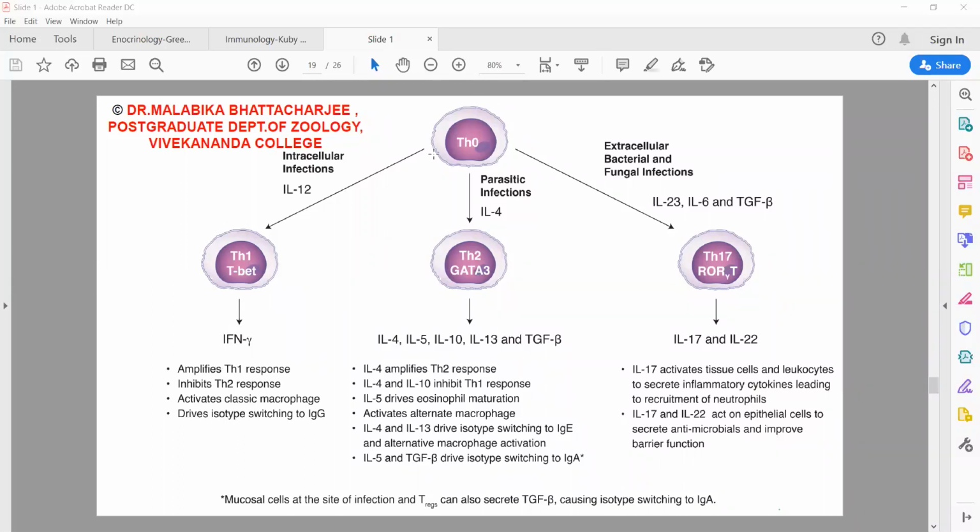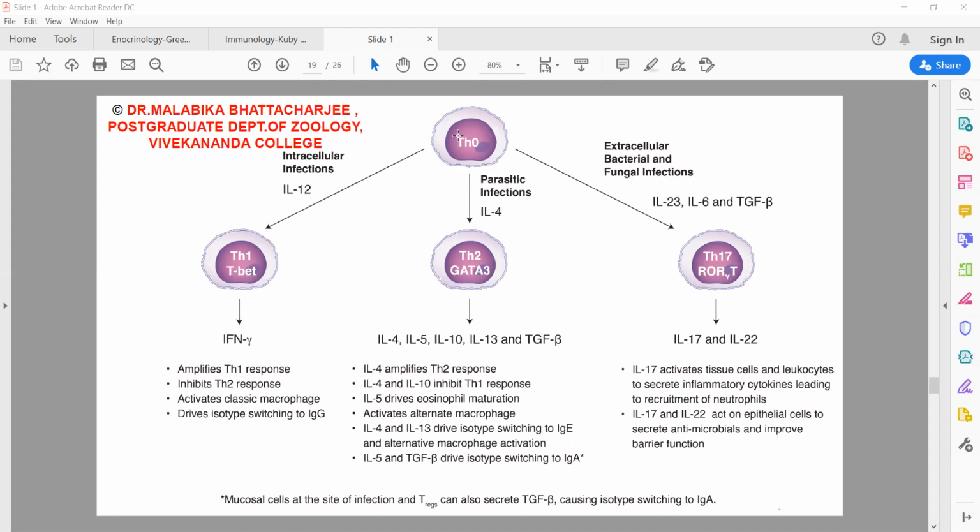So the initial mature CD4 positive T lymphocyte can further be divided into three categories or four categories depending on the microenvironment and the cytokine produced in that microenvironment. As you can see in each of the subtypes, these are the master transcription regulators that are then produced in the cytoplasm.